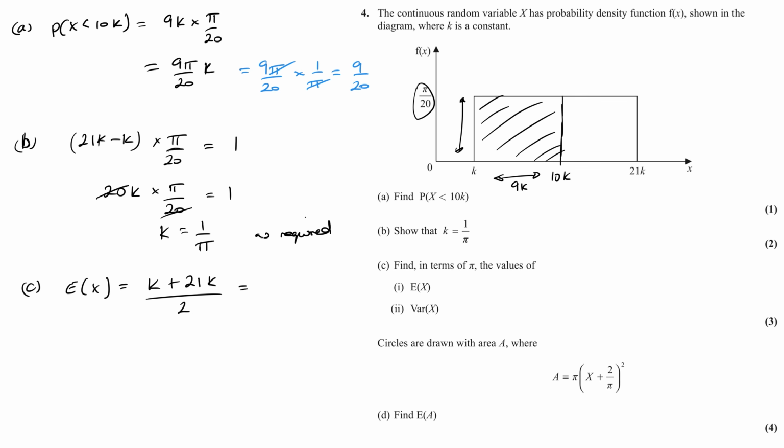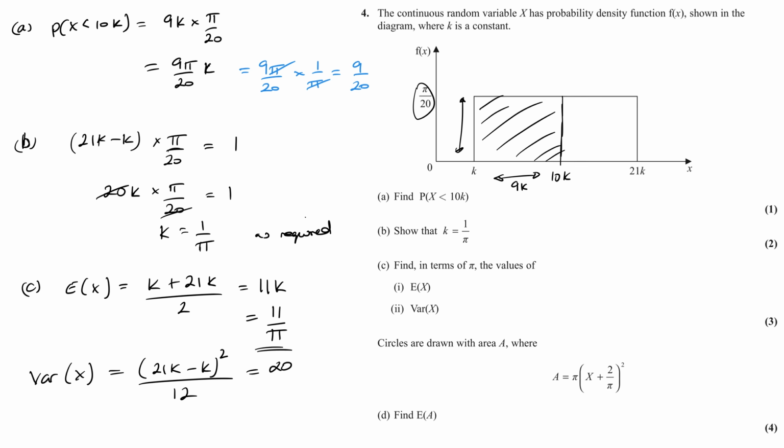So you've got 22k over 2, so 11k. k is 1 over pi, so 11 over pi.